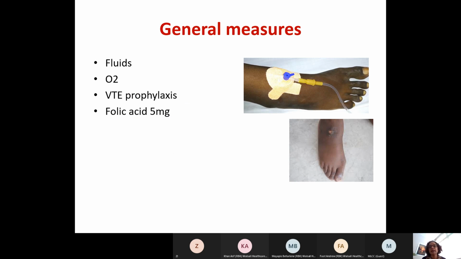If a patient can drink, then IV fluids aren't needed. But clearly, if somebody's dehydrated, vomiting, or has diarrhea, then a cannula and IV fluids is reasonable. Cannulation in the feet, please avoid doing it as much as possible unless there is a critical reason why it must be done.